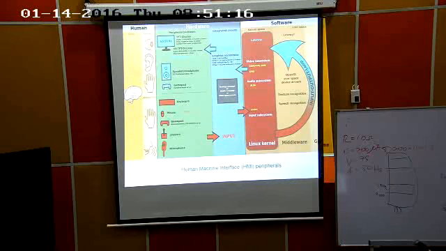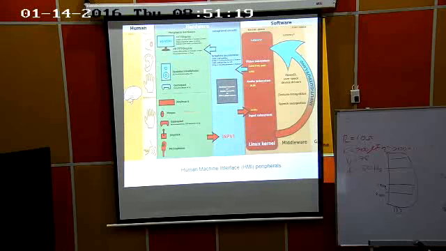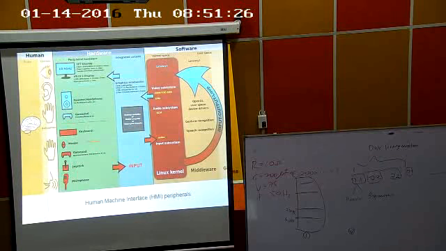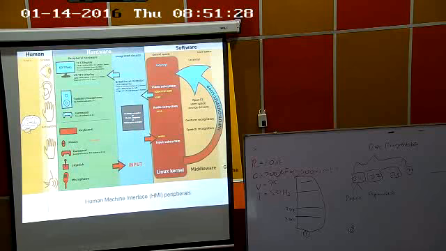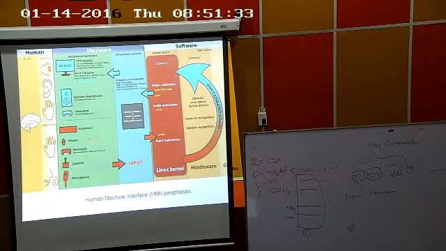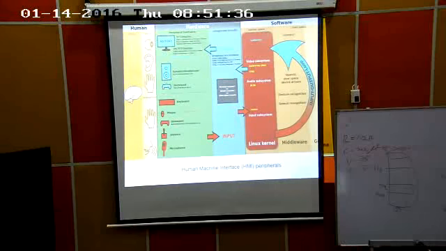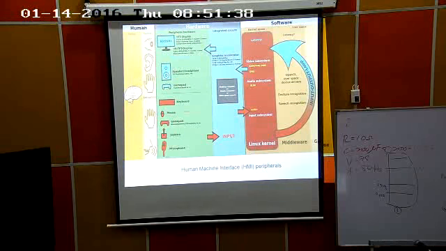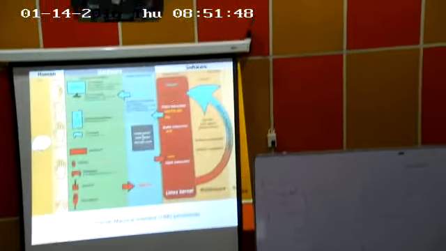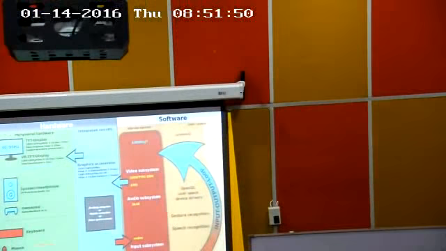For hardware, this is input, this is output. For example, input from the keyboard, mouse, or gamepad goes into your computer processor and is displayed in the output, or speaker. For software, for example, you have the OS, this is Linux.